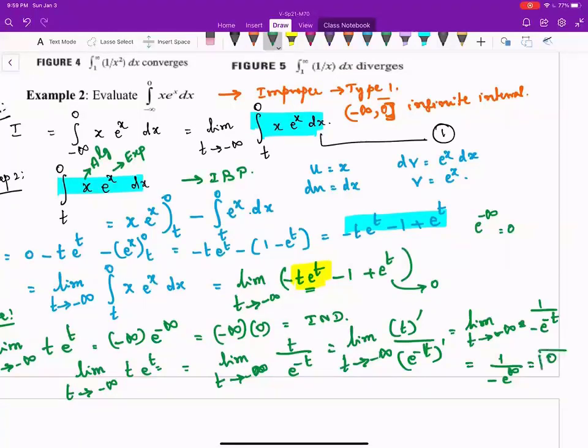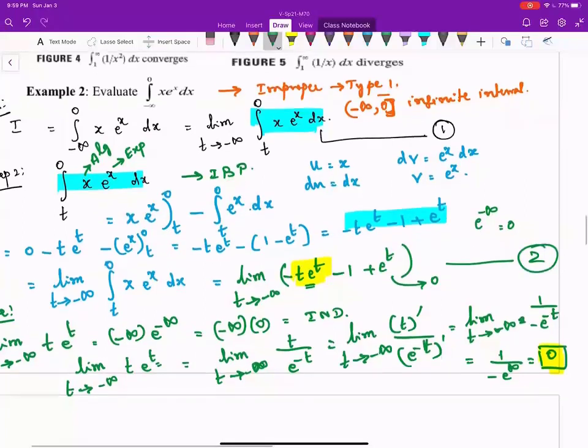So that becomes 0. By applying L'Hopital's rule, we are able to prove that t e to the t as t approaches negative infinity becomes 0.